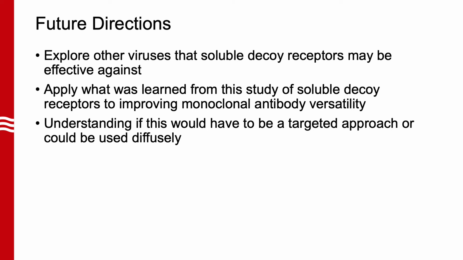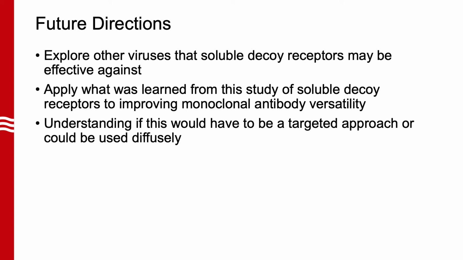So could a hybrid monoclonal antibody decoy receptor construct be made in a way that blocks viral binding to ACE2 receptors while also triggering some sort of targeted immune response? Because this would seem to be the best of both worlds.